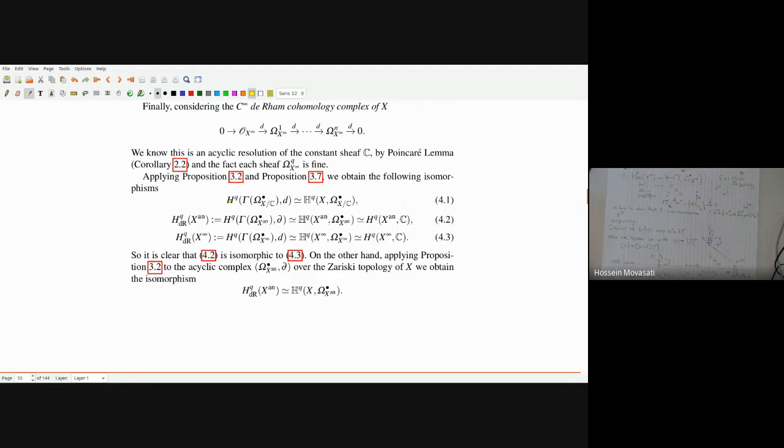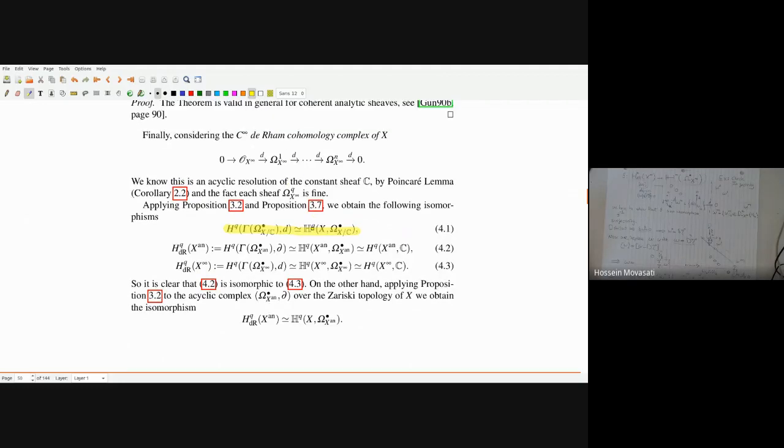Maybe one of the first consequences of Serre's theorem in the context of affine varieties. In the same way that I wrote right now, the hypercohomology of the complex of differential forms on an affine variety will turn out to be the global sections of m-forms and so on.